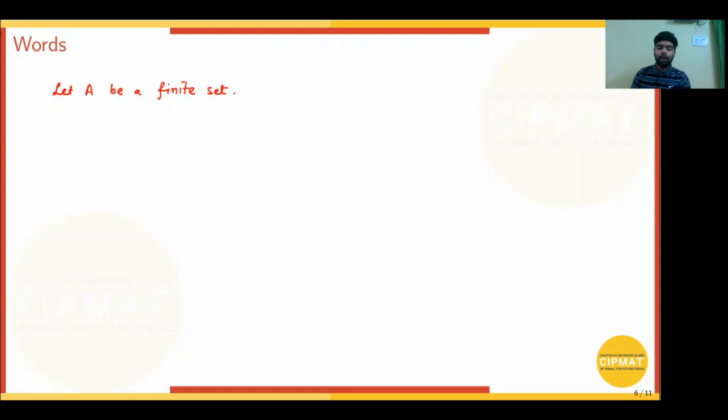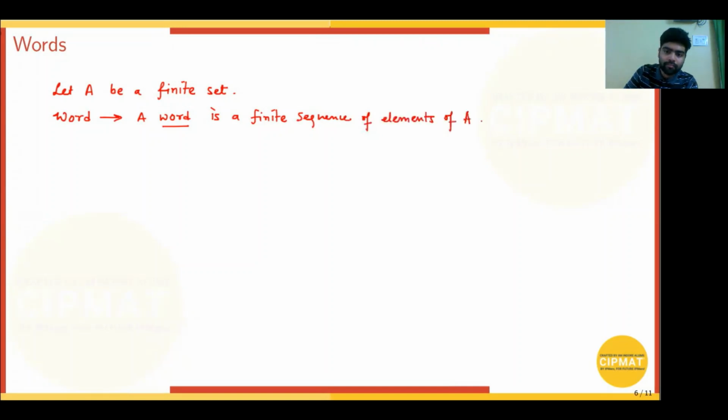Only then we call that kind of a set a finite set. Now, how do we define a word in the concept of permutations and combinations? We define a word as a finite sequence of elements of this particular set A. So, a word is a finite sequence of elements of A. There is a small prerequisite for this video.